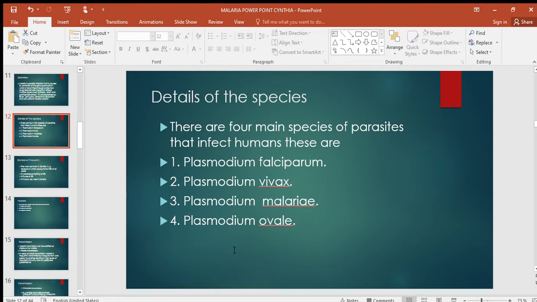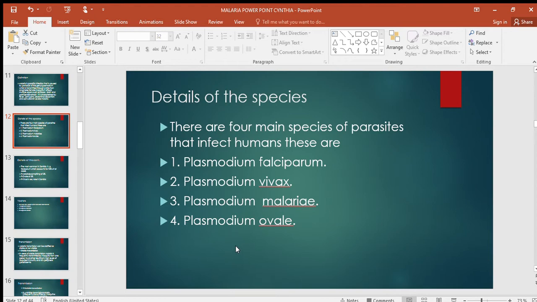Now let's look at some details on the species that cause malaria. There are 4 main species of parasites that infect humans: Plasmodium falciparum, Plasmodium vivax, Plasmodium malariae, and Plasmodium ovale.